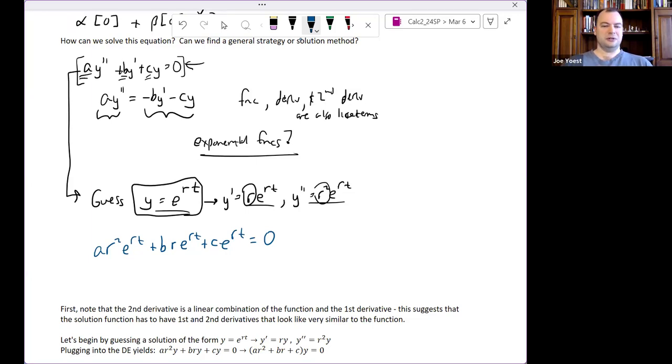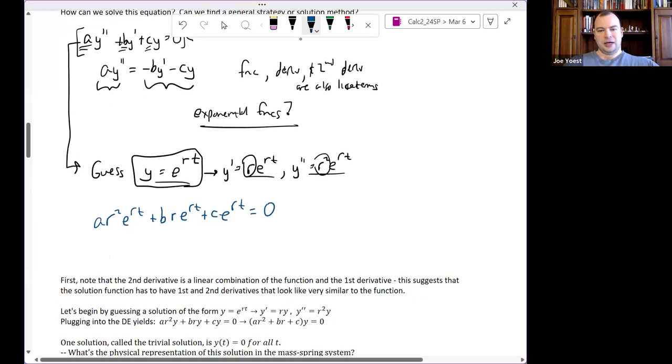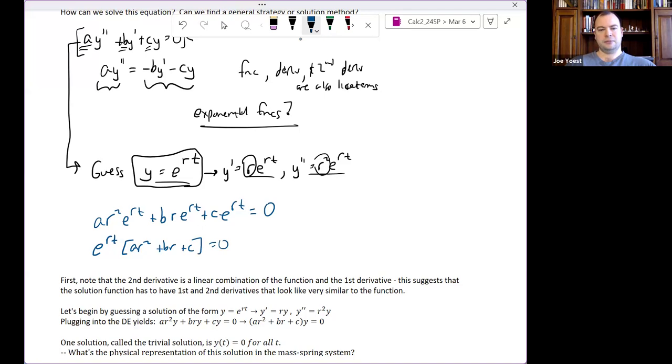Now, I don't know at this moment if this guess is going to actually work or not. It might not work, but if it does work, then this has to be true. I notice I can factor out an e to the rt. And I know that e to the stuff is never going to be 0.